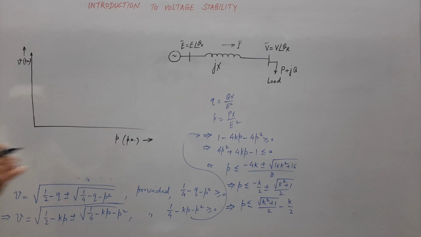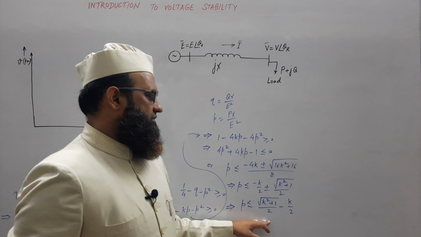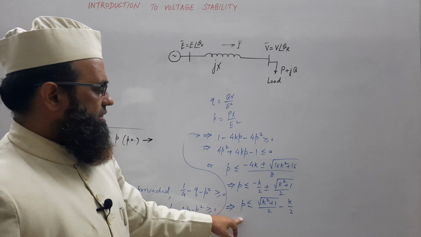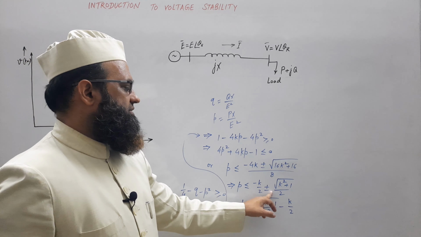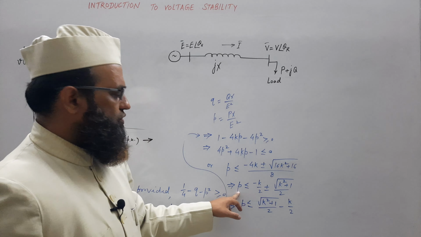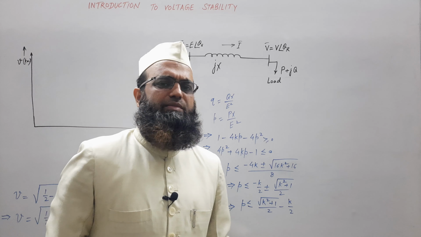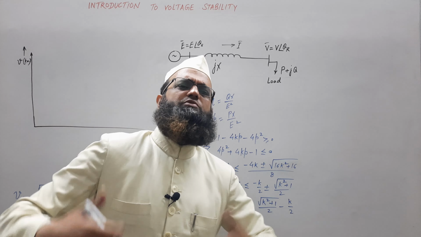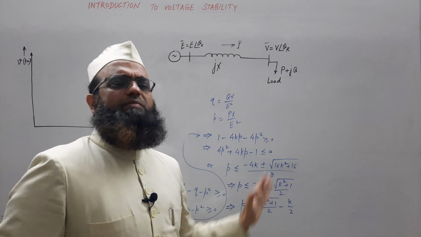Fine. Now you can observe that once this condition is satisfied, we have taken positive sign, otherwise this will be also negative, so P will be negative. Negative means not being consumed instead of supplying, right? That's why we have taken positive sign, not negative sign, because this is power consumed by the load, not supplied by the load, right?